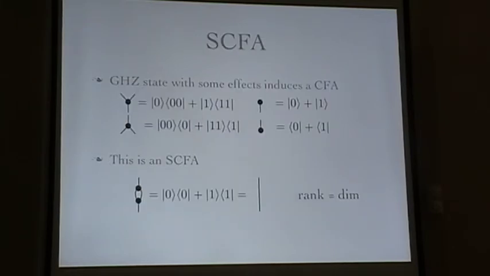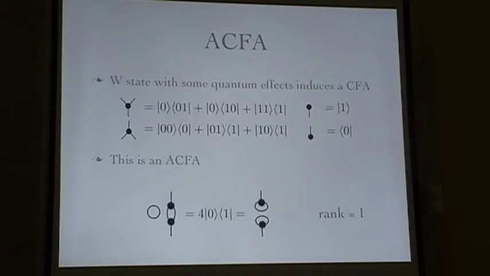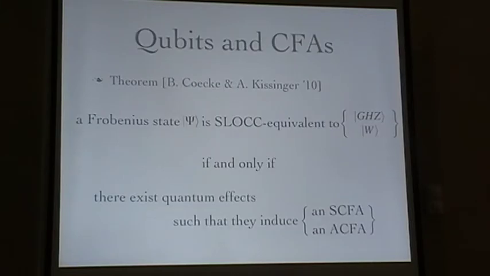An example of SCFA is a CFA induced from a GHZ state, and it is easy to verify that this rank is equal to the dimension. And this is an example of SCFA, and it can be verified that this rank is equal to 1. And this relation can be expressed by this theorem.